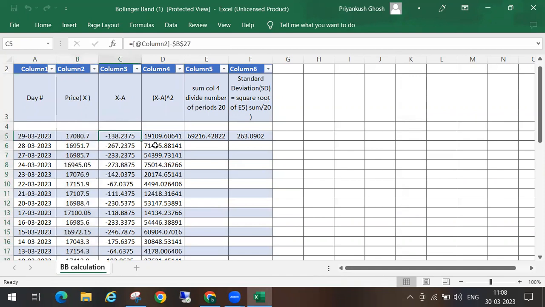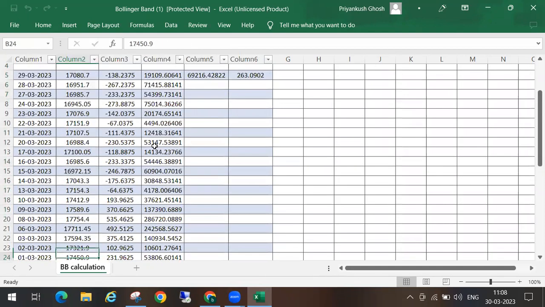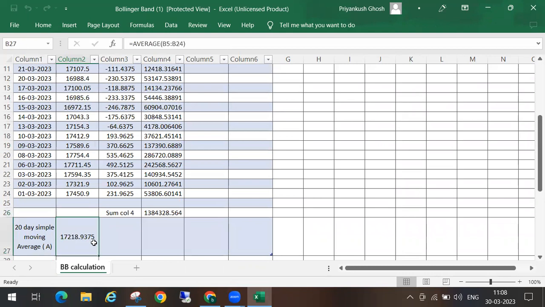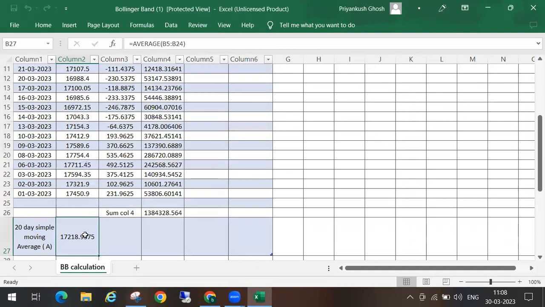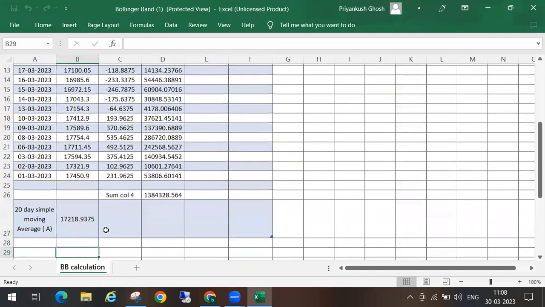So this is a simple moving average. So ये हो गया 17,218.9375. So we have already arrived at the first figure. We have already arrived at this 17,218.94. ठीक है, मैं अगर 2 प्लस राउंड ऑफ कर देता हूँ तो ये हो गया, right? 9375. So let us keep it as it is.